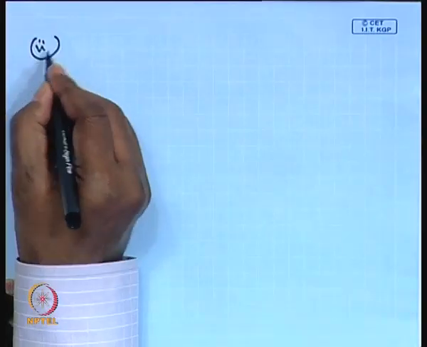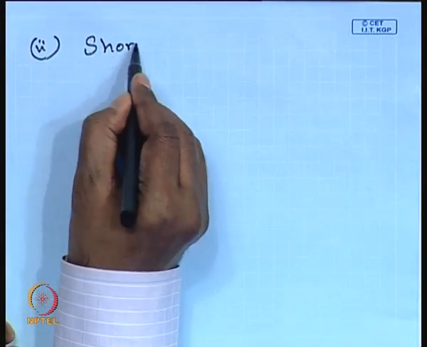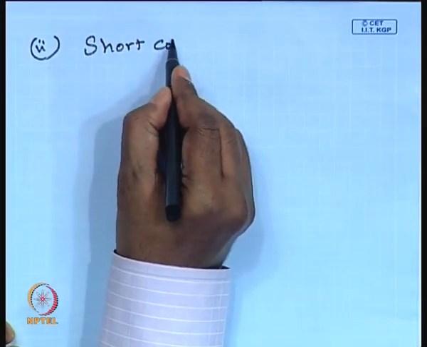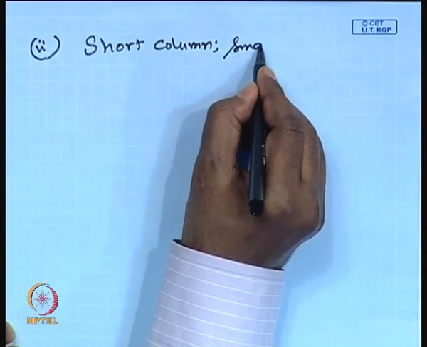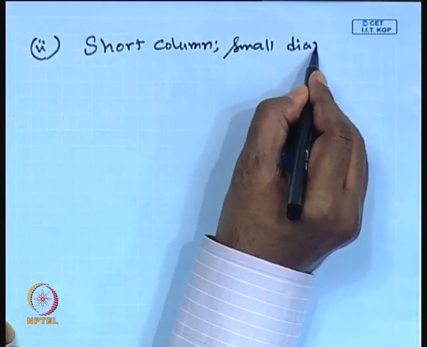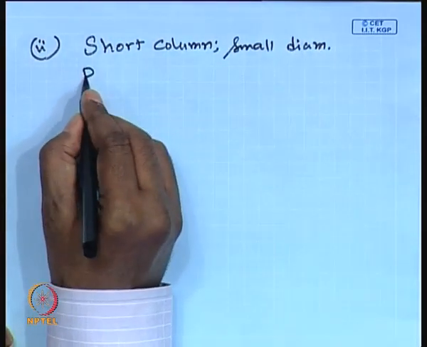The second feature is that the short column has a very small diameter. Packings are operated at high velocity and pressure drop.